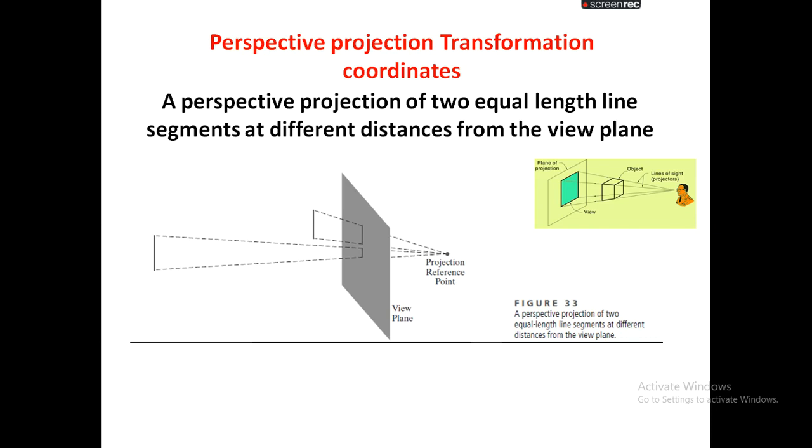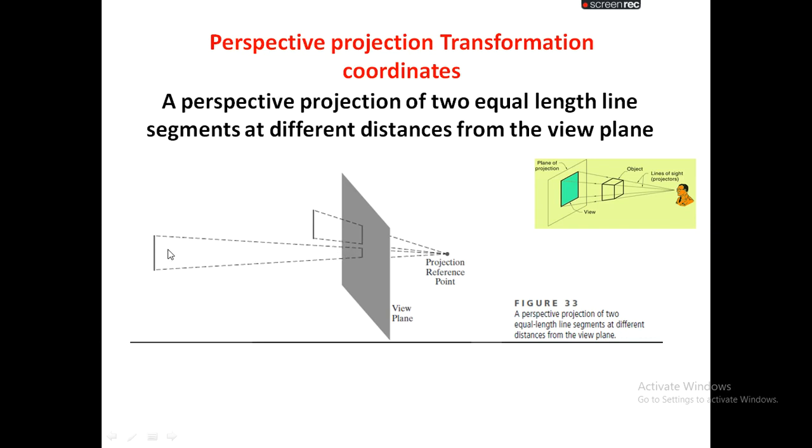So let us consider one example to demonstrate perspective projection coordinates. Assume that there are two line segments; see the figure or see the image.